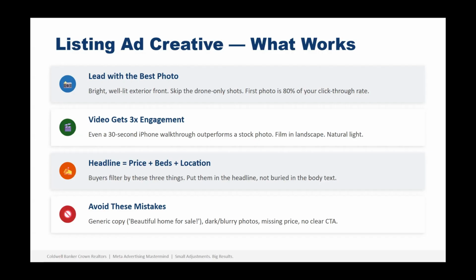When you put in your headline, most people are looking for information right off the bat. Price, beds, location. So your headline should be very basic. Here's the information you need to know. Don't bury that in the body of the text because people tend not to read those incredibly long ads on the MLS.